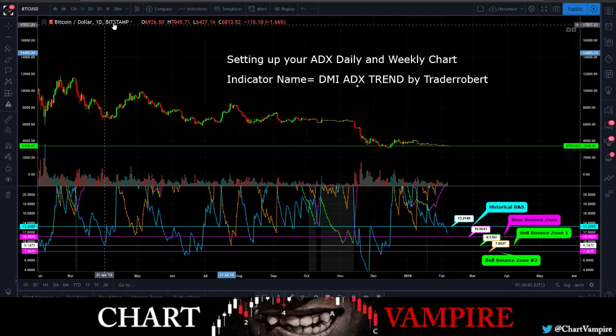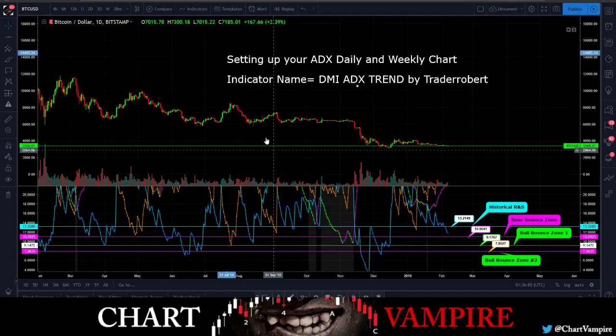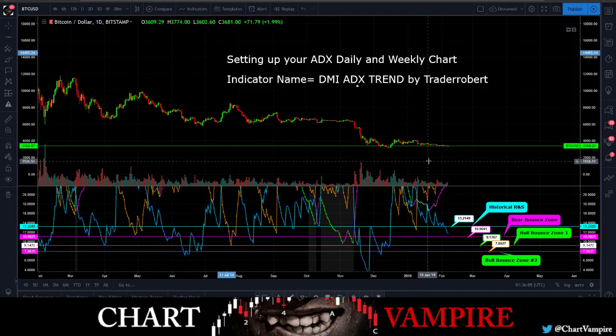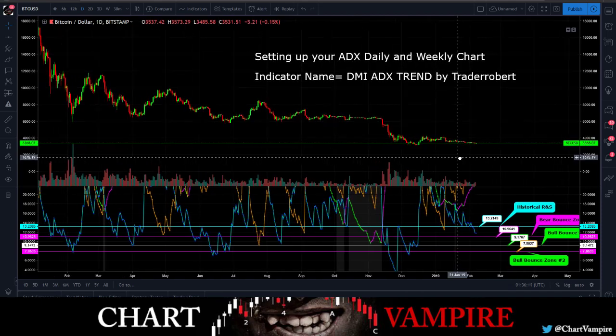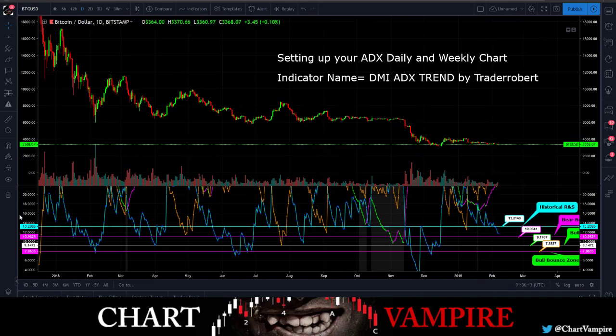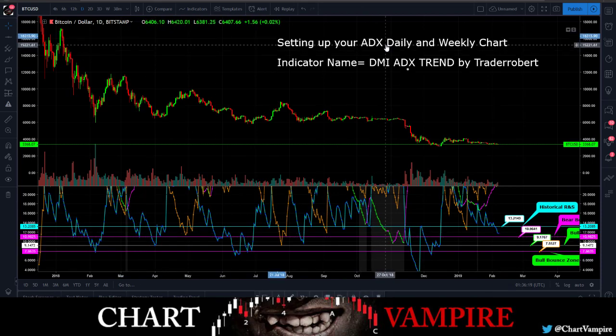I also like to use Bitstamp up here because it has a lot of history, and this also helps me in creating my charts. So what the ADX indicator is great for is finding a bottom.